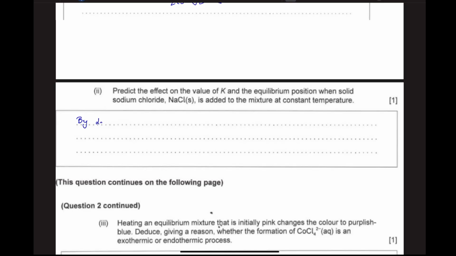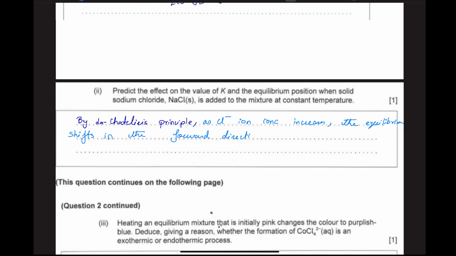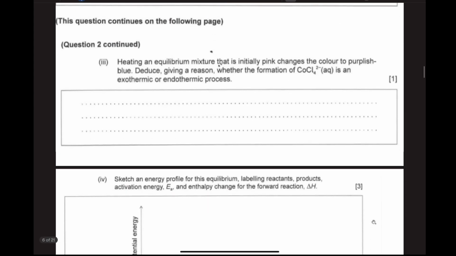As the Cl- ion concentration increases, it shifts in the forward direction to decrease the Cl- concentration. But the value of K, the equilibrium constant, remains unchanged. Done.